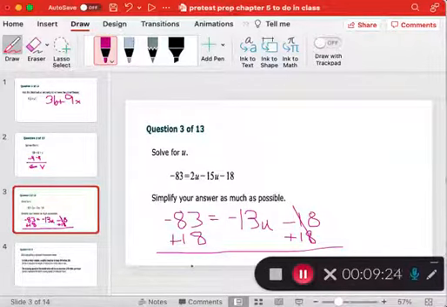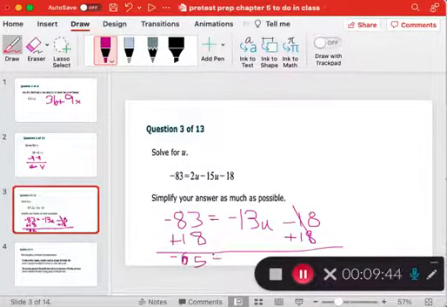Minus 75. We have to subtract them, and 83 take away 18 is 65, isn't it? 65.